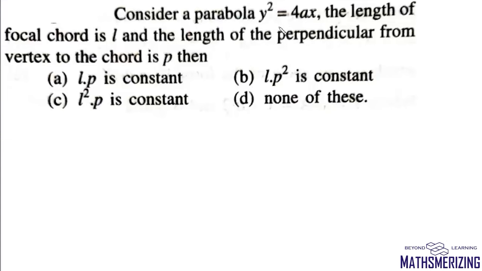Consider a parabola y square equals 4ax. The length of focal chord is L and the length of perpendicular from vertex to the chord is P. Then which of the following is correct? So we have this parabola which is y square equals 4ax.